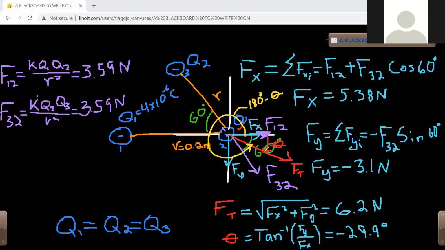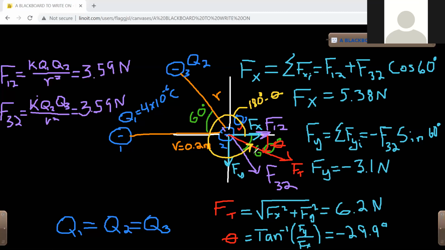Okay. But if I don't want to represent that as a negative, and in the answer they represented it as a positive angle, it means I would need the angle that's counterclockwise. And what's the angle that's counterclockwise? It's the complementary angle of theta, which would be 180 minus theta, which in this case is 150 degrees.